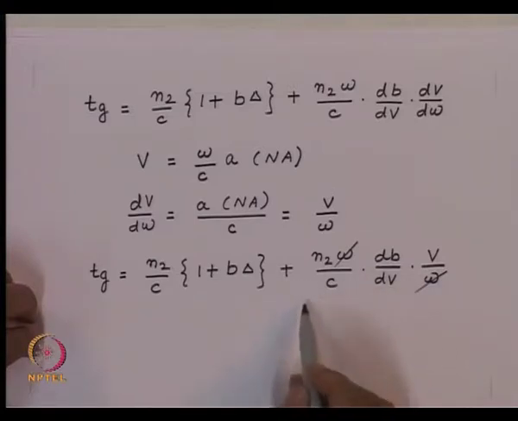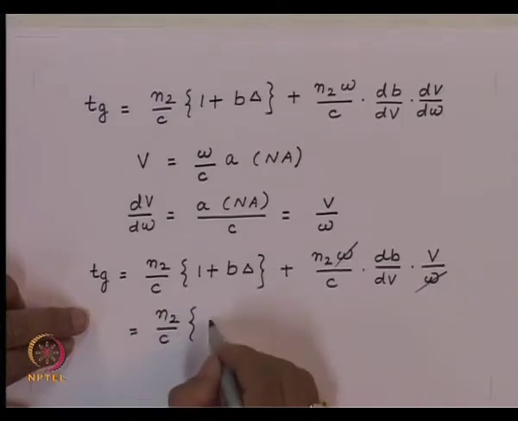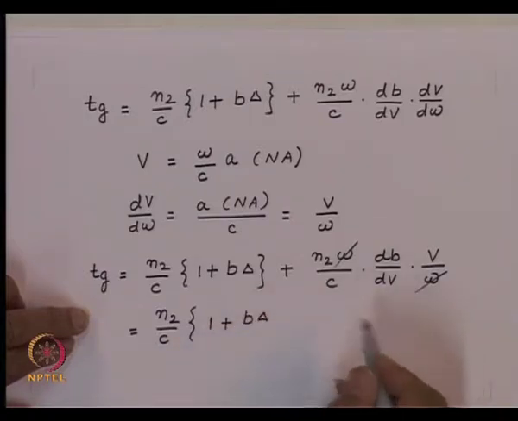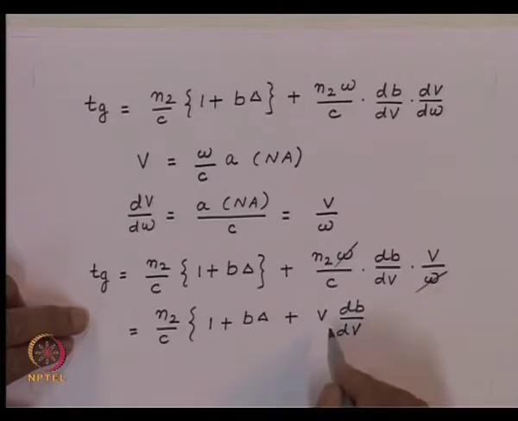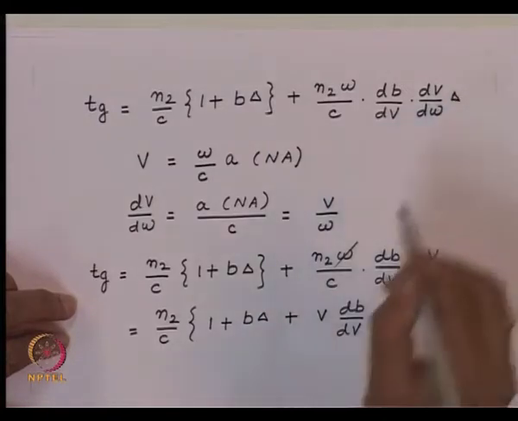So you will get a quantity here, n2 upon c, which will be common with this. So you can rewrite this as n2 upon c into (1 plus B delta) plus V dB by dV. There has to be delta here. You got quantity here delta, here delta.